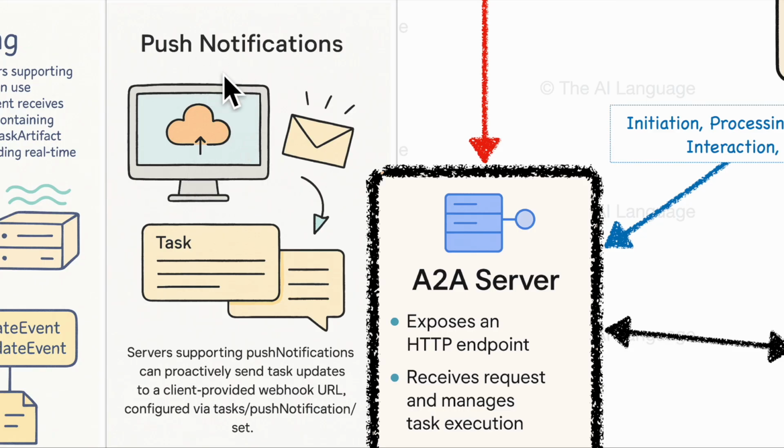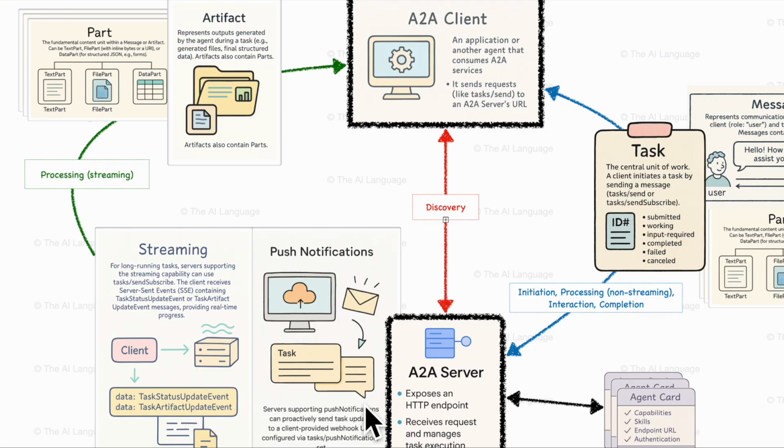Alternatively, A2A also supports push notifications, so the clients can set a webhook using tasks/push notification/set. The server will call back when new events occur, and this is great for integrations where polling or streaming isn't practical. So this forms one of the processing modes, which is called the streaming mode.